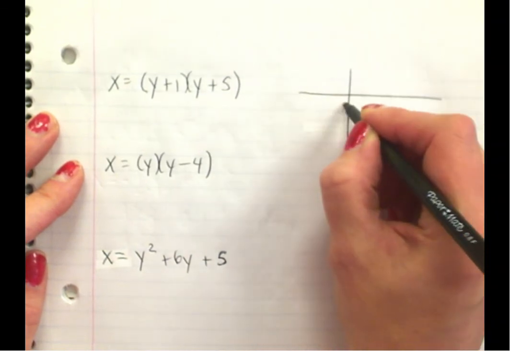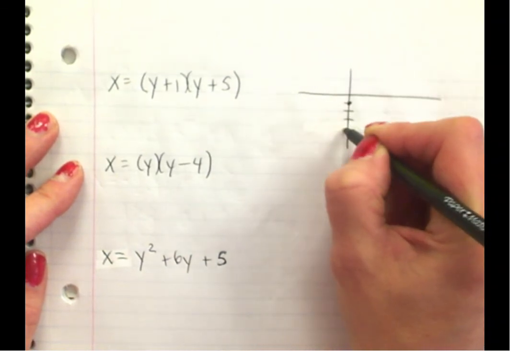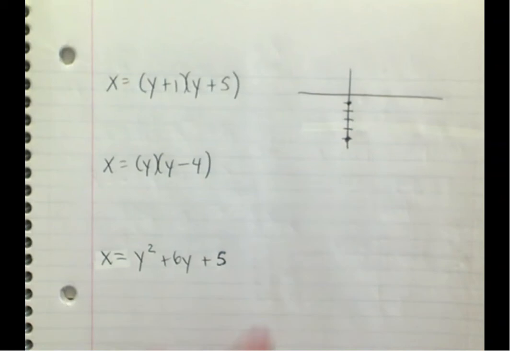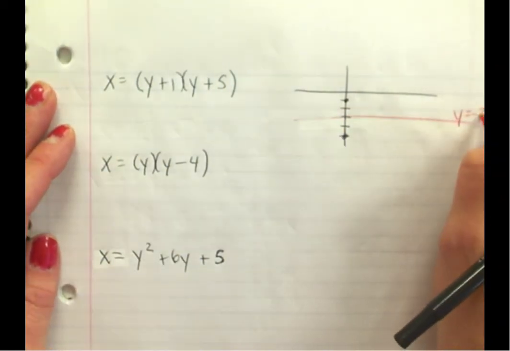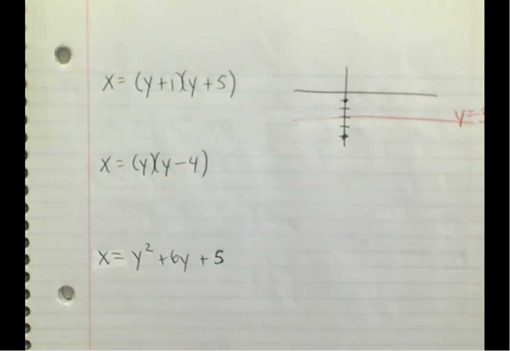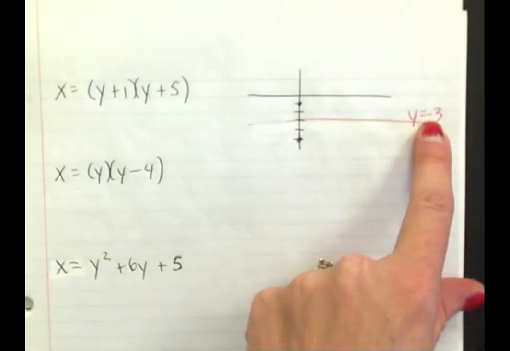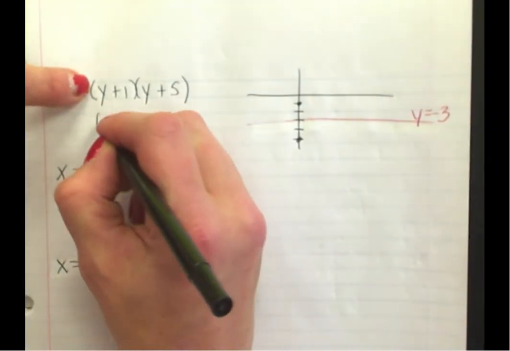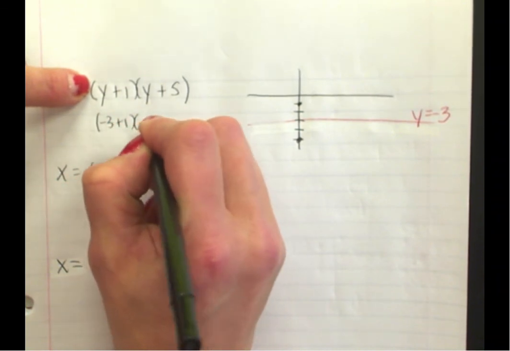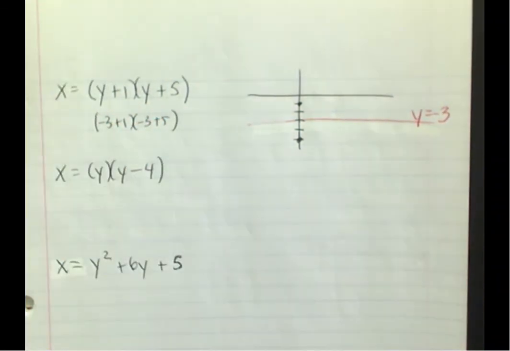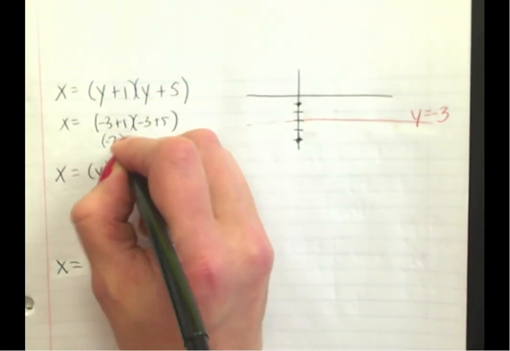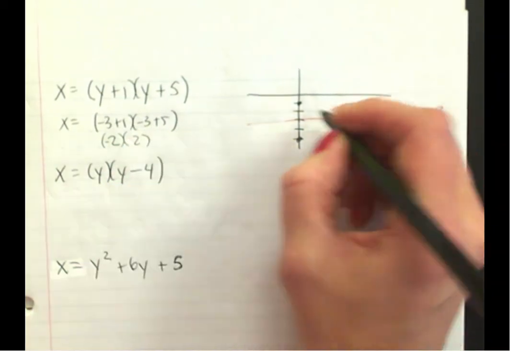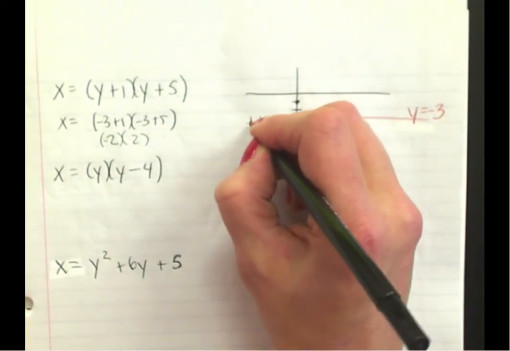Okay, so negative 1, 2, 3, 4, 5. I can pretty quickly visually get my axis of symmetry. So if you know this is negative 3, when the y coordinate is negative 3, x is negative 4. 1, 2, 3, 4.